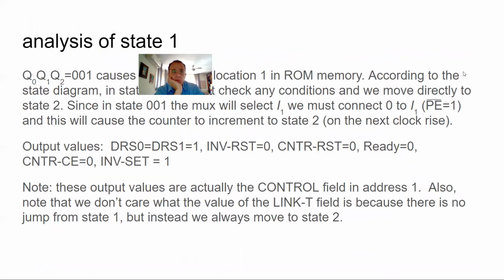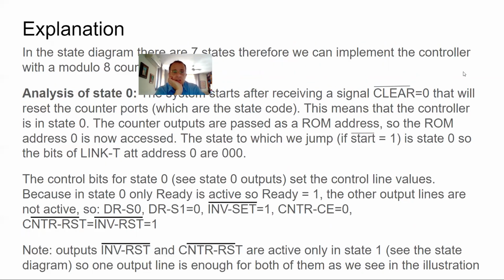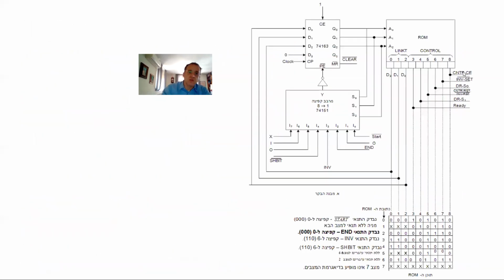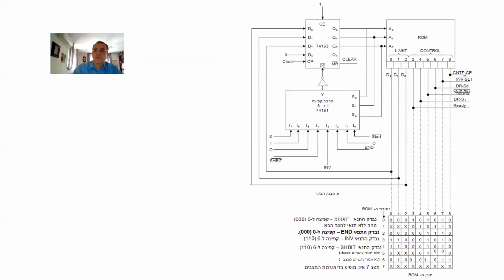I see I've done it all here in words, but let's look at it ourselves before we look at the explanation. So you see, in this diagram, there are no opcodes. I was trying to compare it to what we did before.